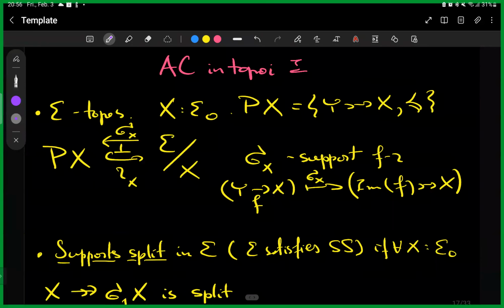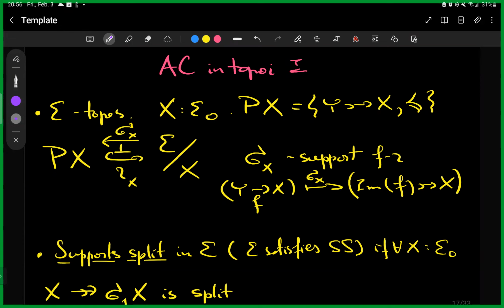Now let's discuss something, I guess, a bit more esoteric, and that is axiom of choice in topoi. So the fact is that, at least for me, the phrase axiom of choice has a bad reputation because I think of logic immediately, and this bores me to death.